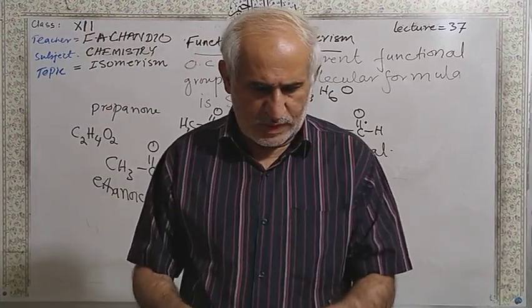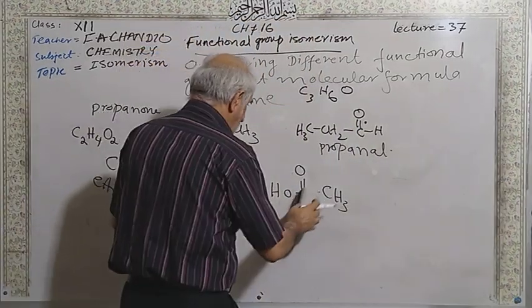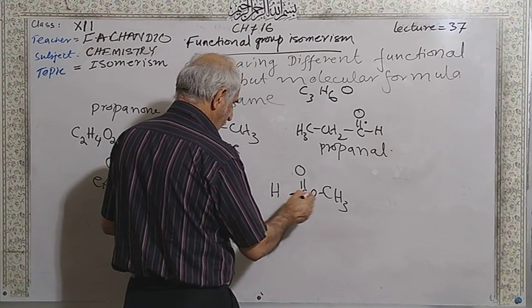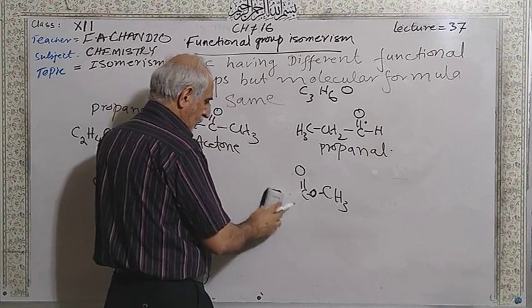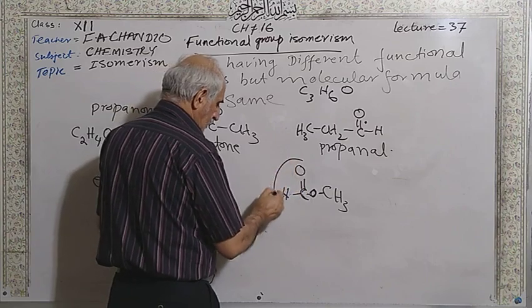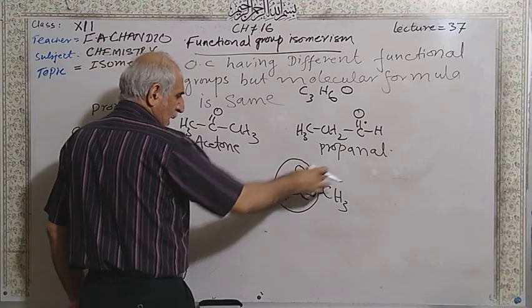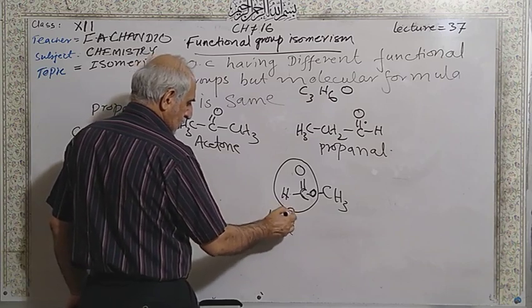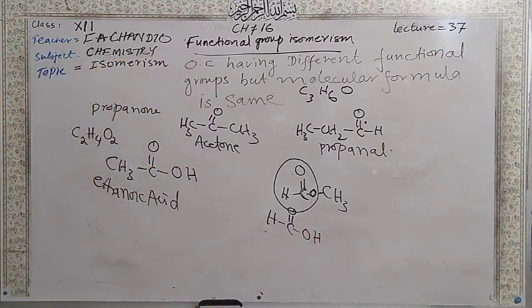This is CH3, I'm going to change this. Methyl formate. This is the methyl group and this is the formate. HCOOH is formic acid, methanoic acid.